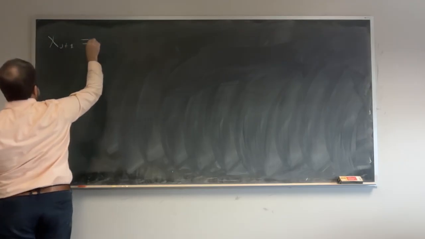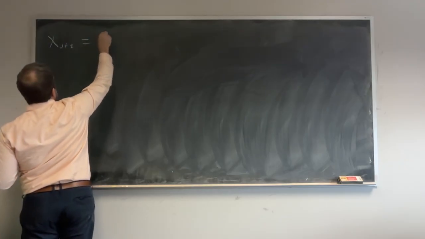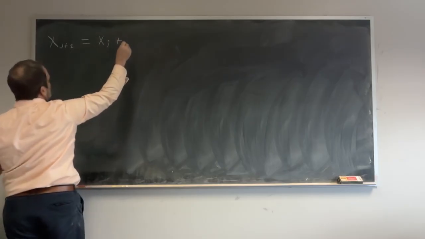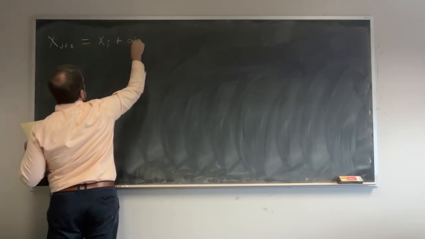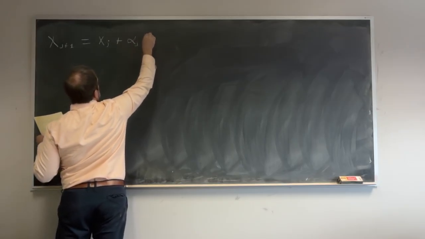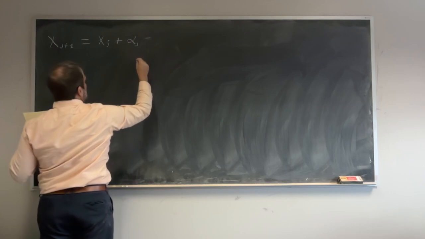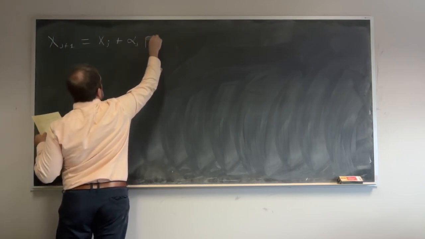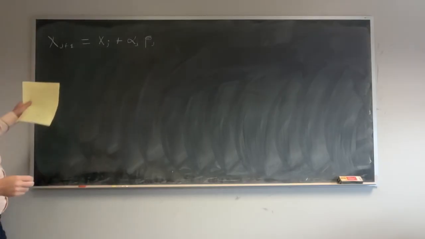we know from the D-Lanczos algorithm we can write this as x_j plus alpha_j times p_j. Okay, so notice the change.